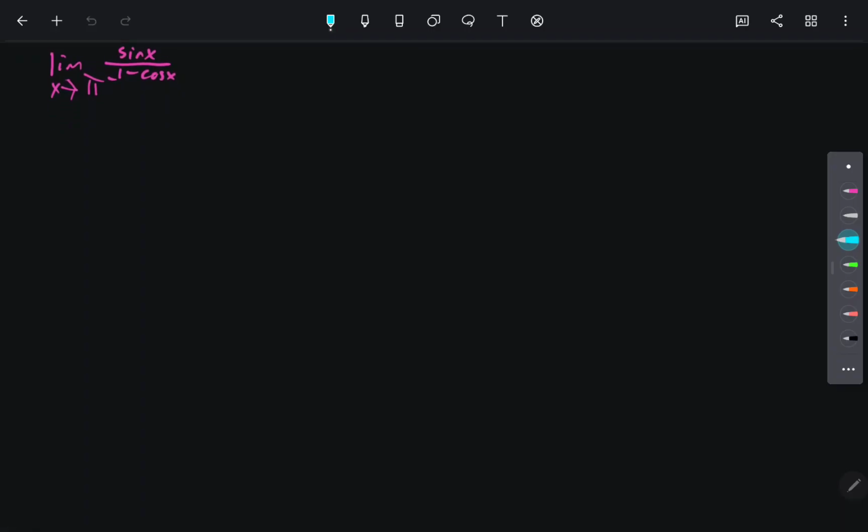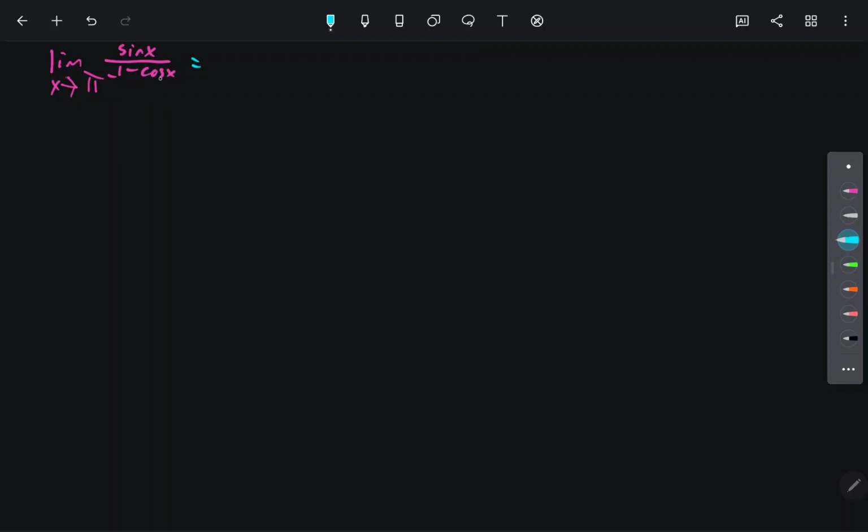So now I suppose I want to look at a case where L'Hopital's won't work. So we have the limit. Well, whenever we're taking this limit here, let's plug in pi. Let's see if it's a 0 over 0.